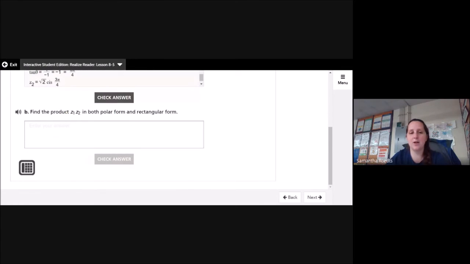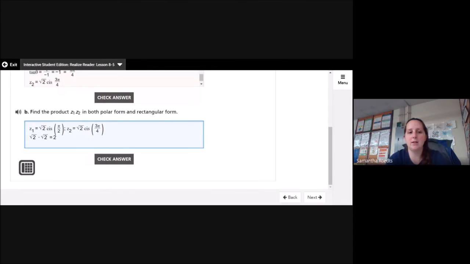Okay, and then I want to find the product of z1, z2 in both polar and rectangular form. So z sub 1 was square root of 2 cis pi over 2. And z sub 2 equals the square root of 2 cis 3 pi over 4. I'm multiplying these together. I'm going to take the square root of 2 times the square root of 2, which equals 2.